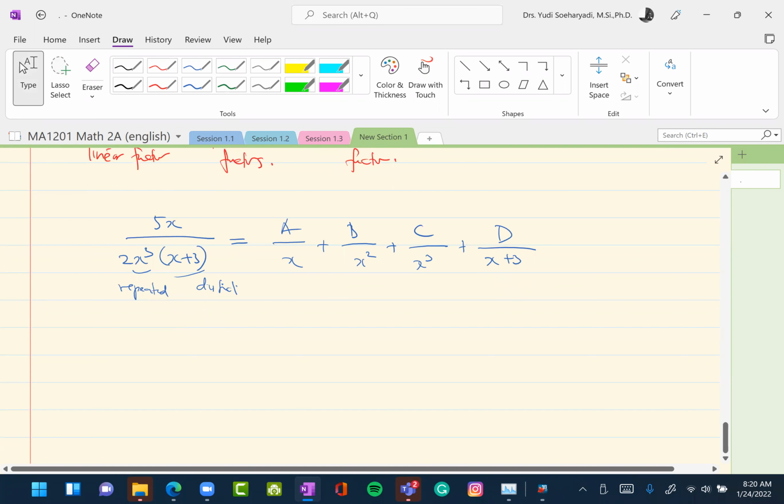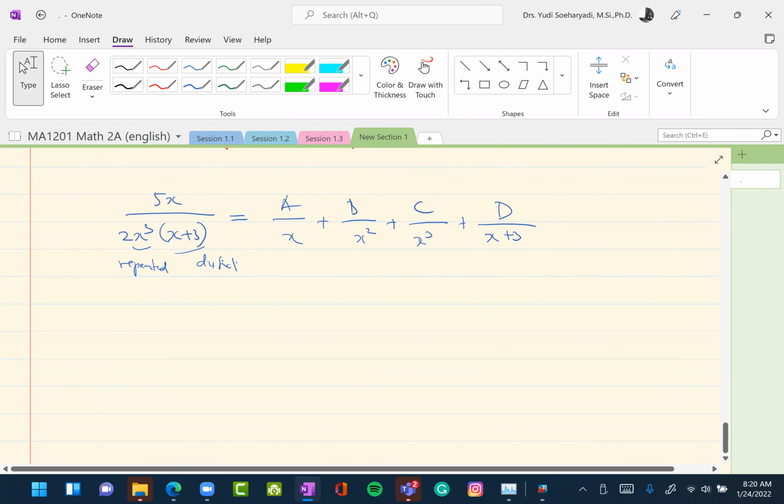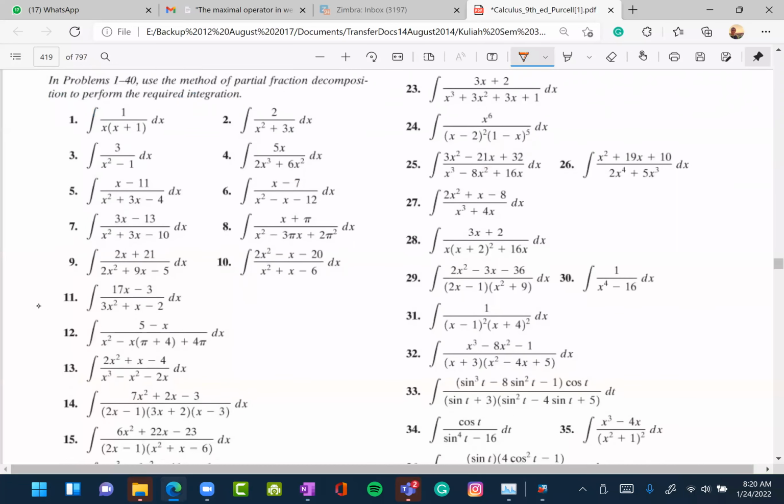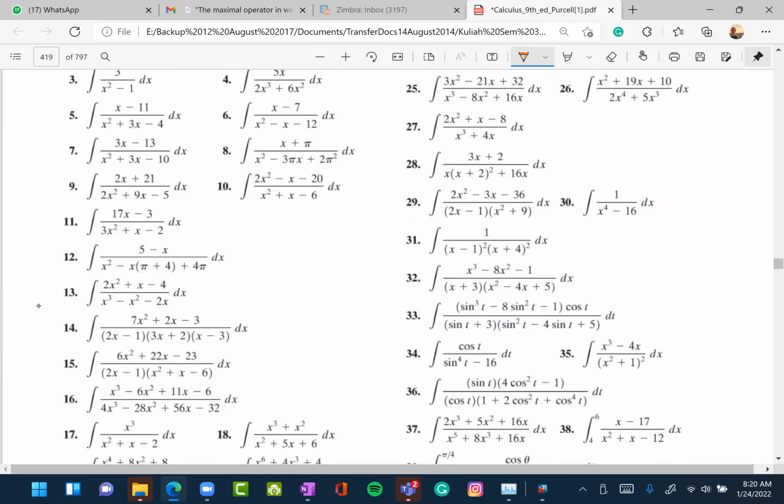And the same thing for what we call quadratic factors. All right, so let's just mention the case. This is distinct factors, linear distinct factors.